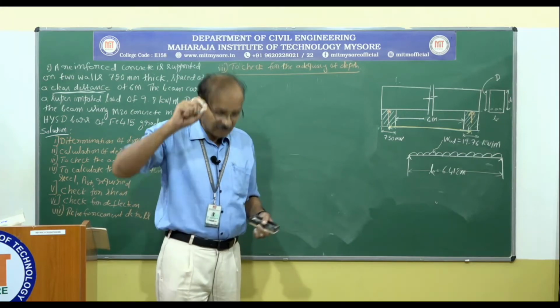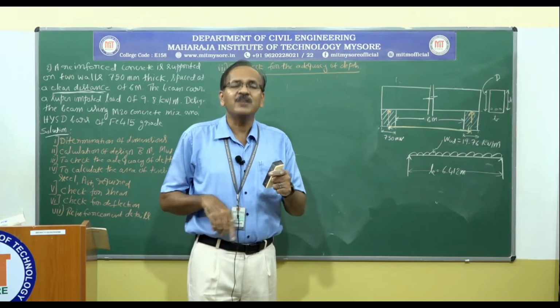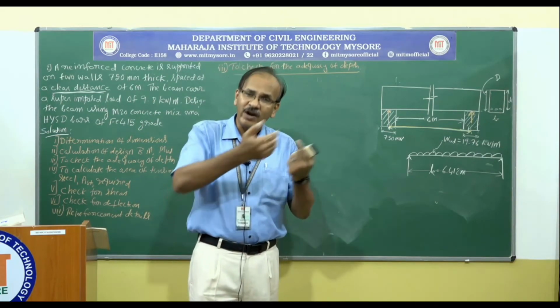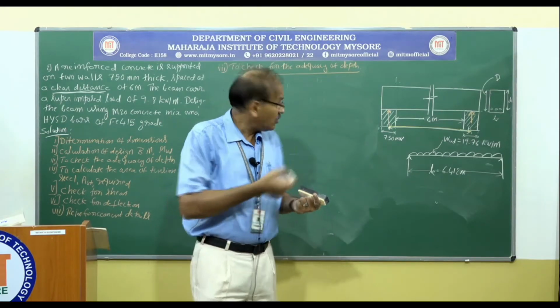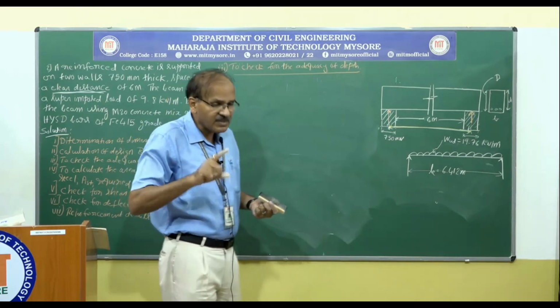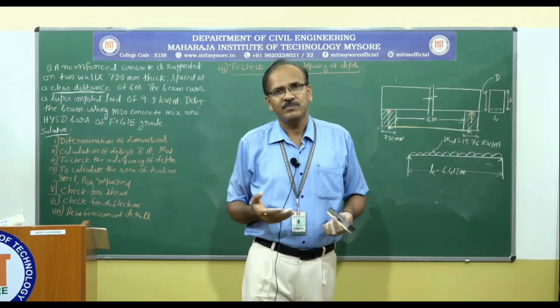In case the depth of 412 millimeter is not adequate, then we have to go back and increase the depth, and also we have to do the designing from the beginning. So first we are going to check the adequacy of depth against MU limit value.